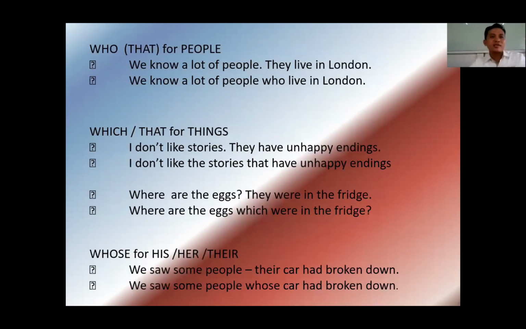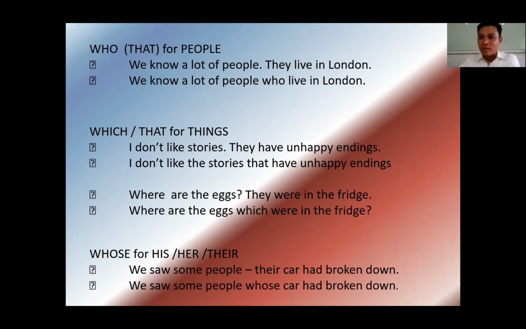Okay, so this is just some more explanation and samples. Who or that for people. Now, how do we combine the two sentences to make a relative clause or adjective clause? Actually, the sentence has two clauses and then we join them together. We know a lot of people. They live in London. So there are two sentences, two clauses here.